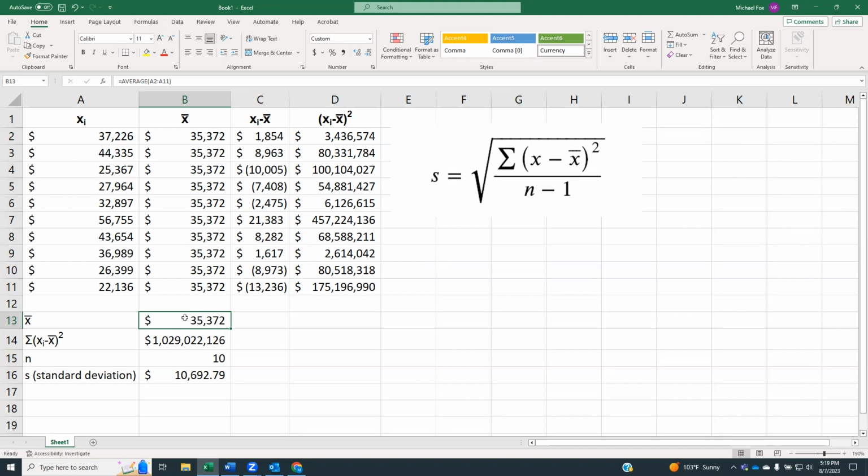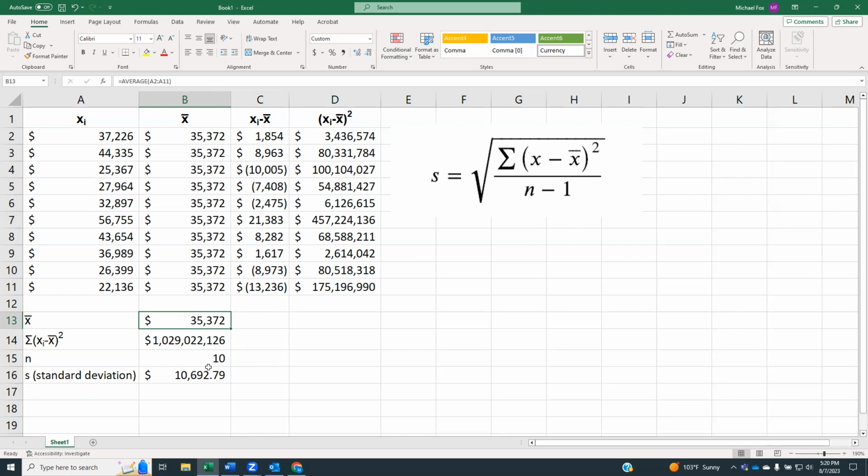Something like 2/3 of all data points usually fall within plus or minus 1 standard deviation. So we would expect 2/3 of the values of our cars to be between 35,372 minus 10,692, so about 24,000 something, and plus 10,692, so about 45, almost 46,000.